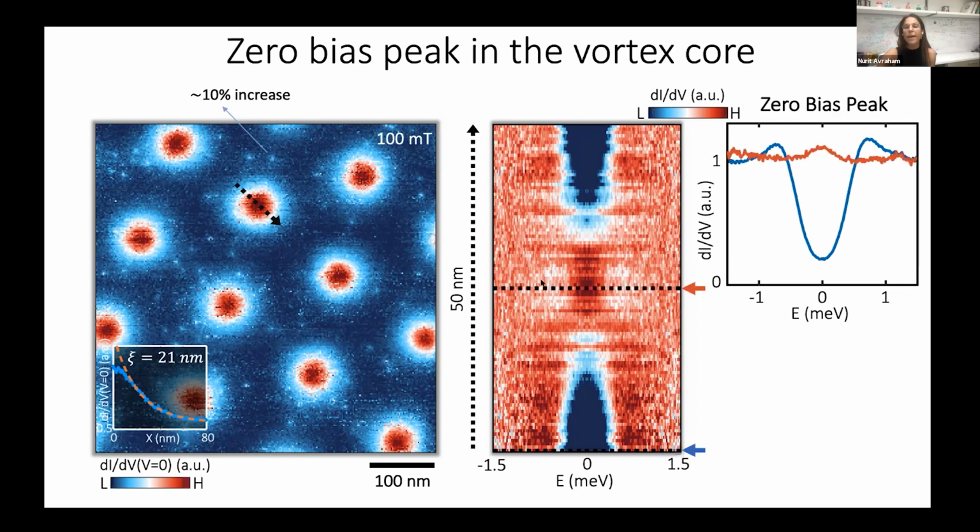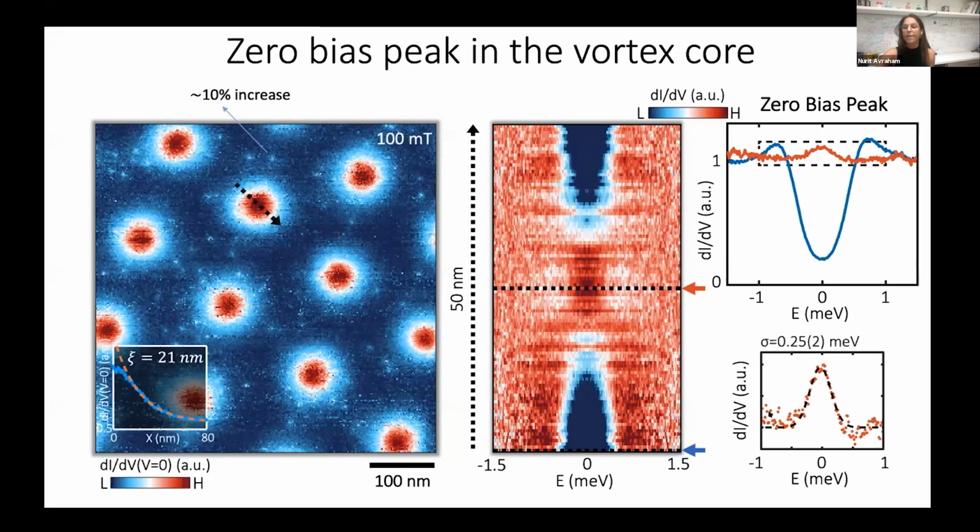And if we take a cut just at the middle, we see this peak at the center of the vortex. We fit this peak by a Gaussian fit and got a width of 0.25 meV, which corresponds to 1.7 Kelvin, which is higher than the temperature we are measuring at.